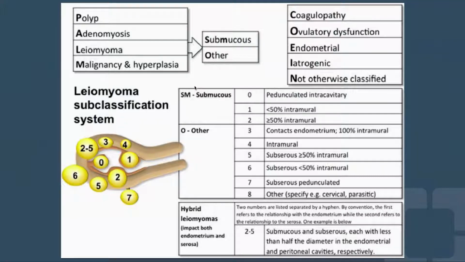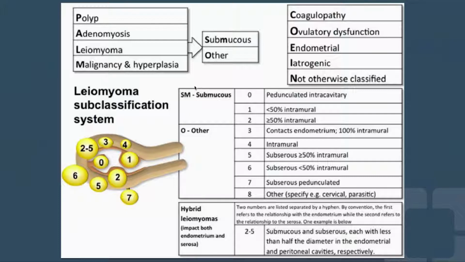This slide also goes into looking at the leiomyoma subclassification system, because location of fibroids is so important to the way the symptoms develop, especially with regards to menorrhagia and fertility. There's a FIGO related subclassification system, and you can see it located here. Essentially, 0 is mostly intracavitary.